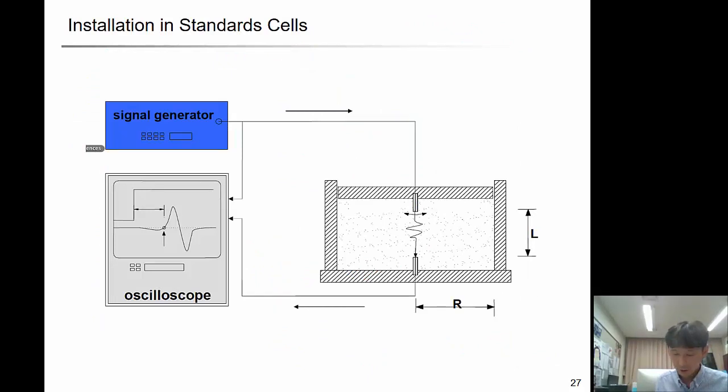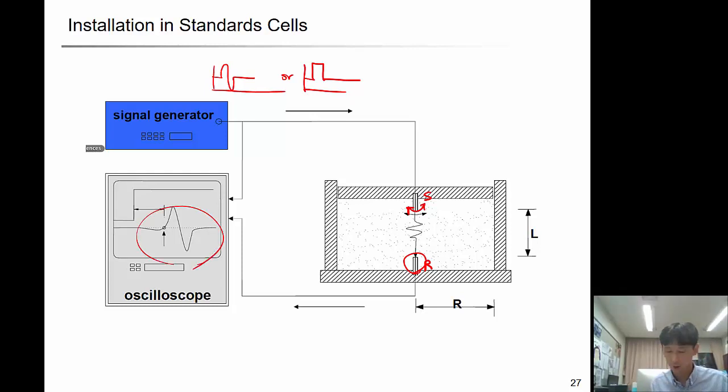So how do we install them? We have a bend element at the top and bottom, and in this diagram they use the top bend element as a source and the bottom bend element as a receiver. The signal generator applies maybe a sine signal or a square wave, and this will excite the element. The S wave will propagate, the receiver will capture it, and it will be acquired in the oscilloscope.